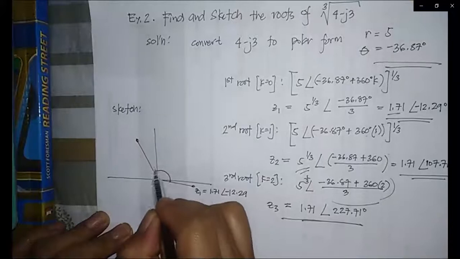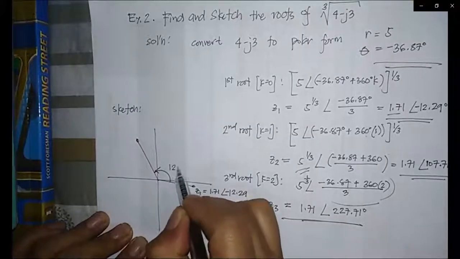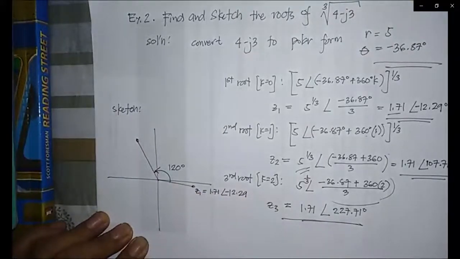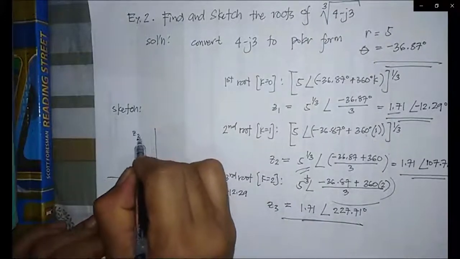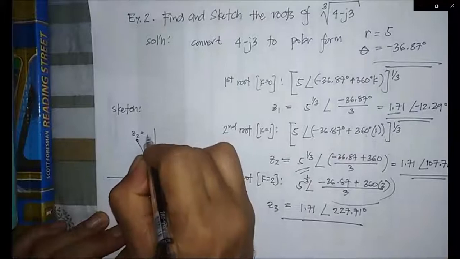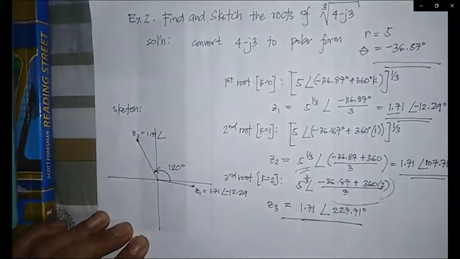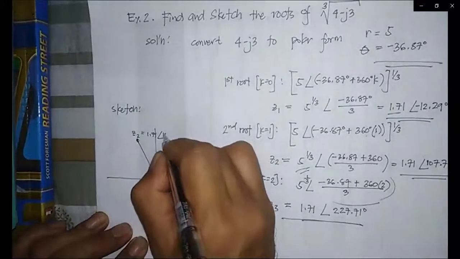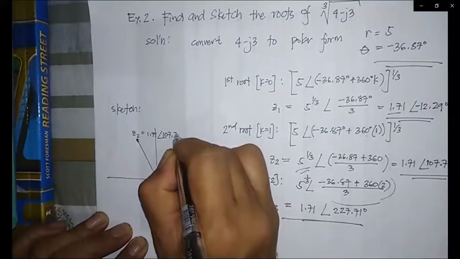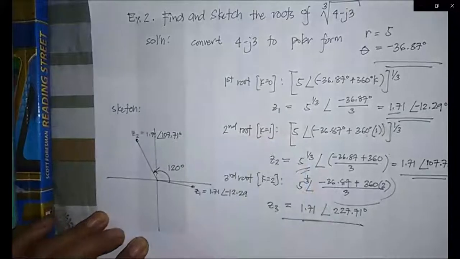Take note of the angle between the roots. The roots now are 120 degrees apart from each other. So that will be your second root, 1.71 angle of 107.71 degrees.